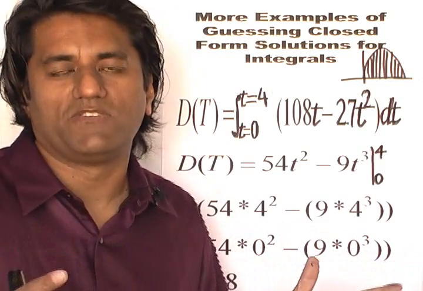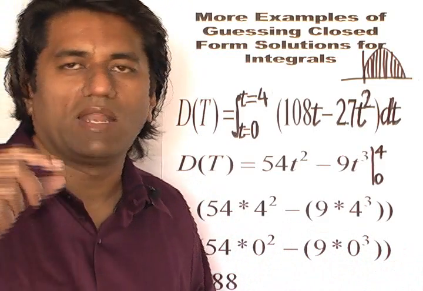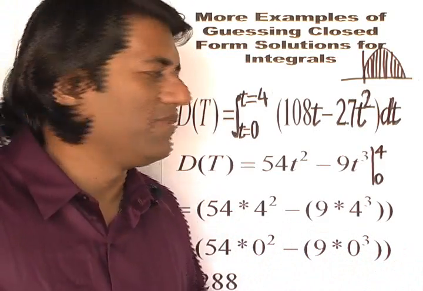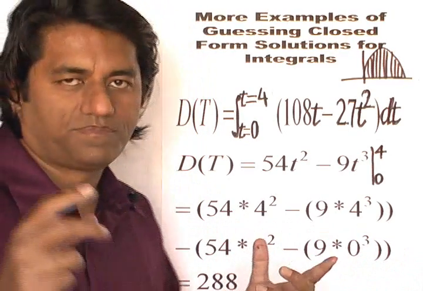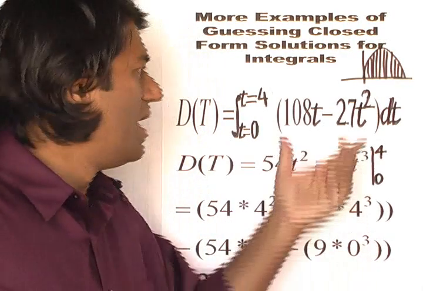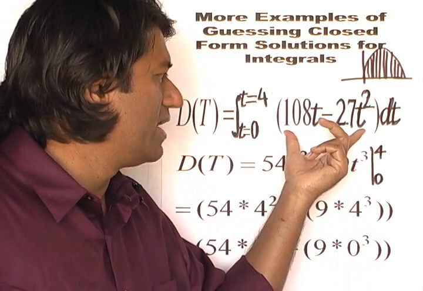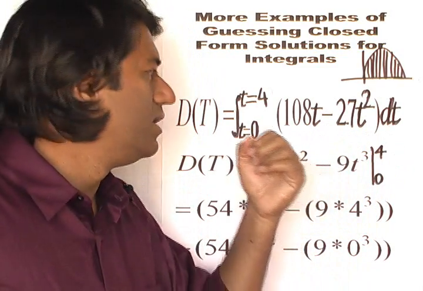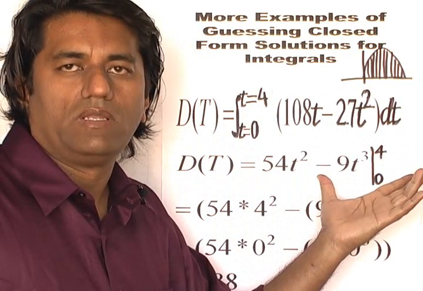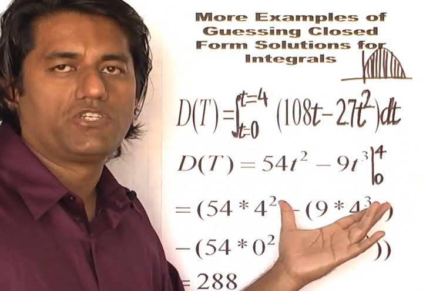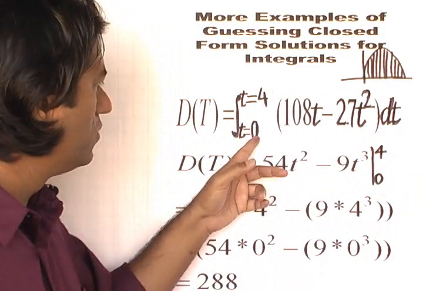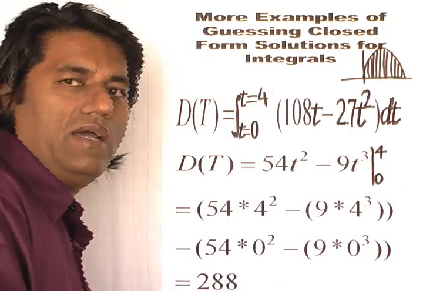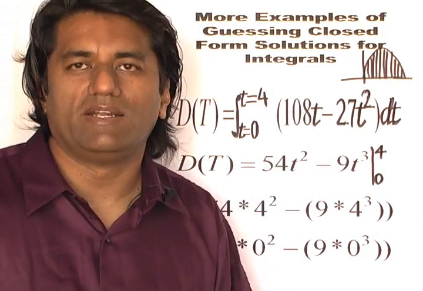So speed varies continuously. If you were to describe it completely correctly, it would be a continuous function, and the continuous function you gave me was 108t minus 27t squared. I found the integral for it, the closed form solution, and found that from t equal to 0 to 4, the distance traveled is 288.